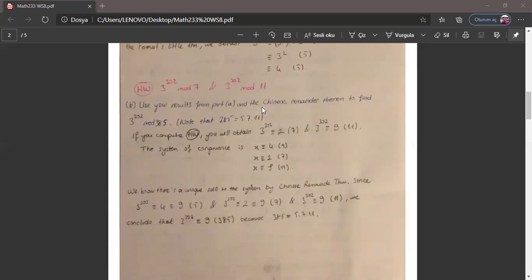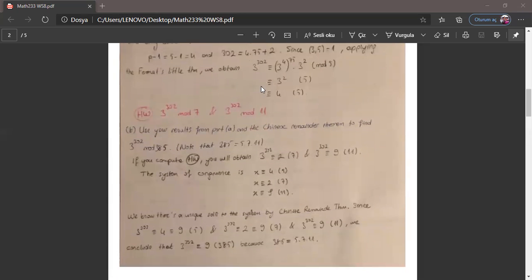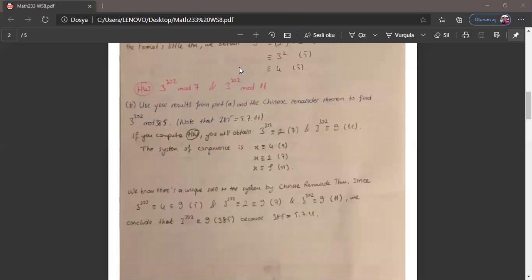Now we will use the results of the previous part and the Chinese remainder theorem to find this one. Here we're given this equality already. Now, if you compute these ones, you will obtain these congruences. Now, we have then this system.